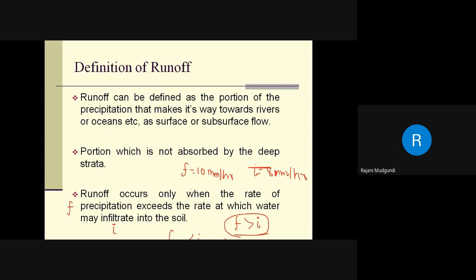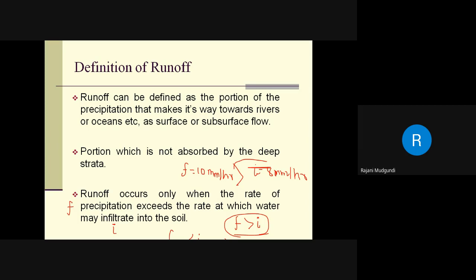Being F as 10 mm per hour, which is greater than I, there will be runoff. If the reverse is the case, if F is equal to 8 mm per hour and the infiltration intensity I is 10 mm per hour, in that case there is a deficiency in the soil.